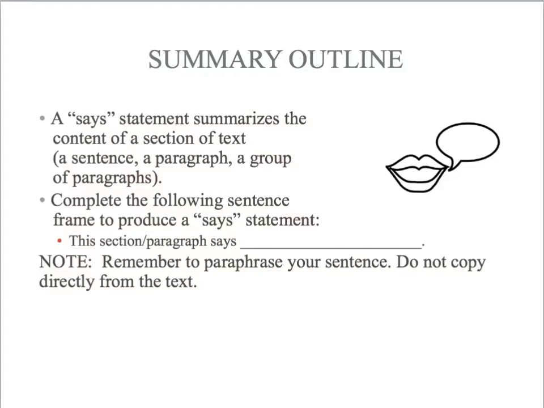That automatically suggests that what you're doing is summarizing a set of information because of the word says. Remember that you must paraphrase any information that you write as a says statement. It cannot be copied directly from the text. We call that, you're right, plagiarism.